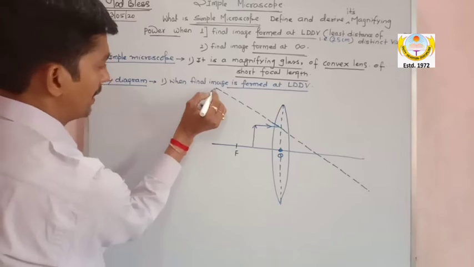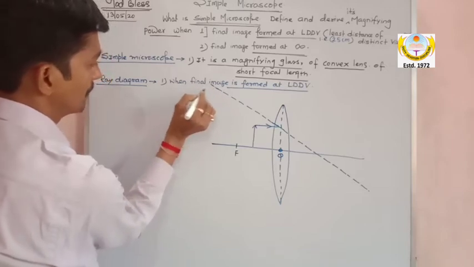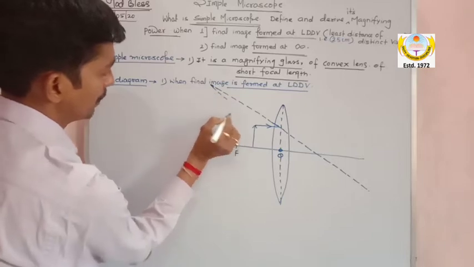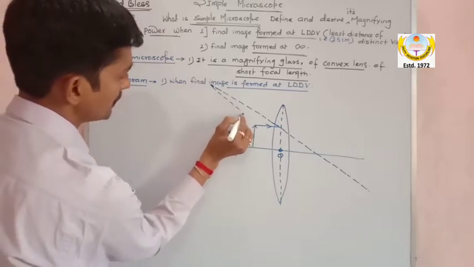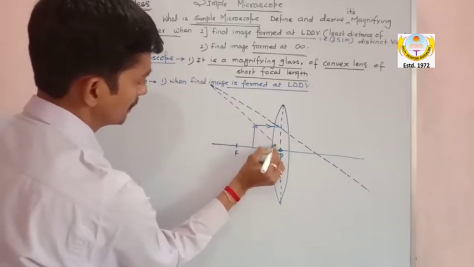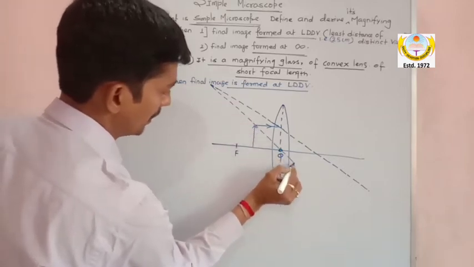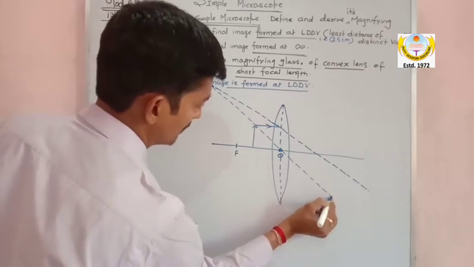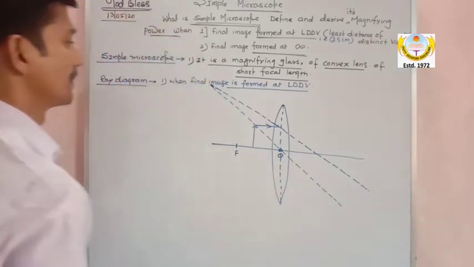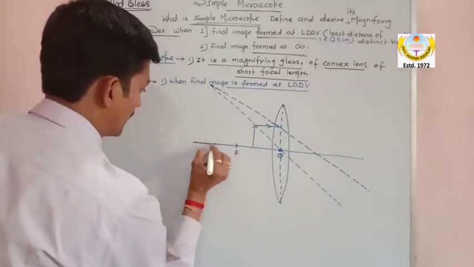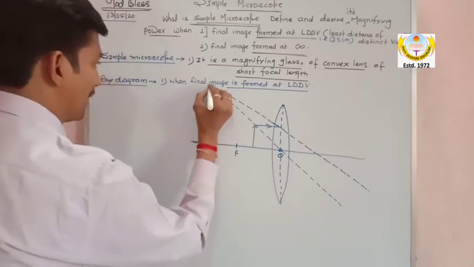The another ray is going from here, you can see, it is going through the optical center. And here the image is obtained.